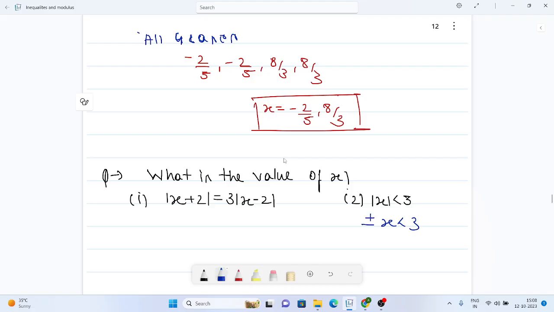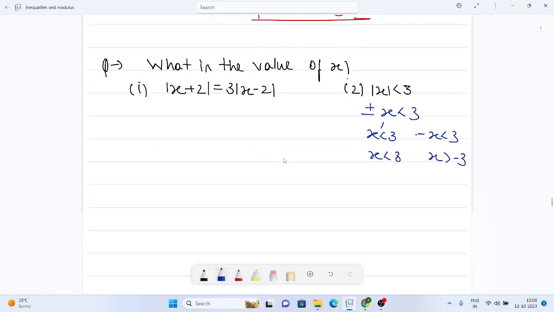So here I got two solutions, x is less than 3 and minus x is less than 3. So it gives me x less than 3 or x is greater than minus 3. So from here I got the solution minus 3 to 3. So I did not get the unique solution, so it is insufficient alone.